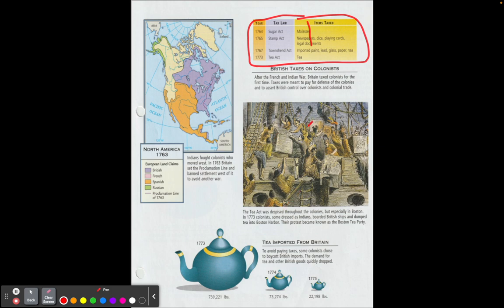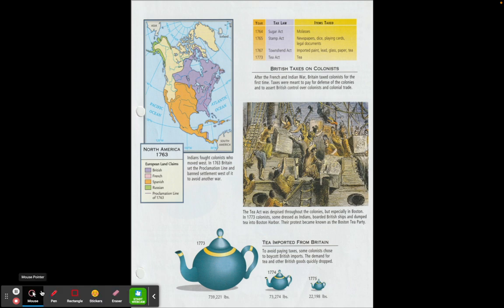And you have some drawings and illustrations. And also down here, you have a graphic illustration showing the tea that was imported from Britain, and it shows how much it decreased in a few short years leading up to the American Revolution. So I just want to make sure you understand that.